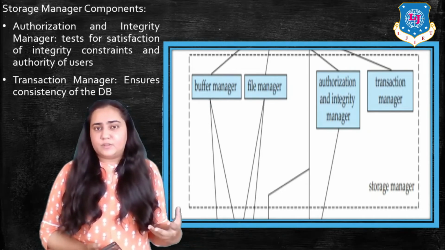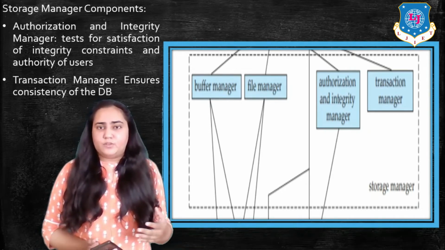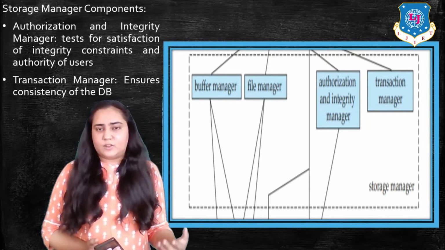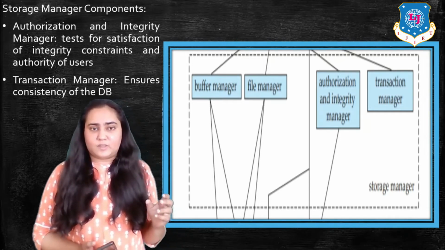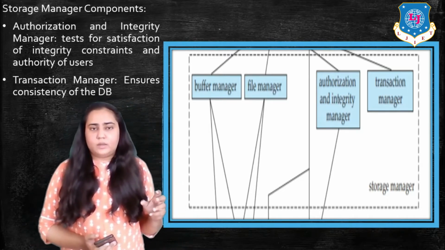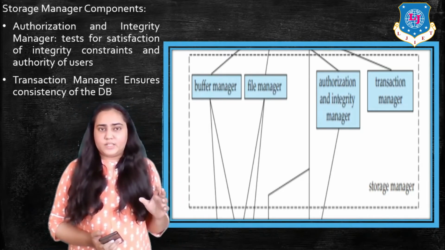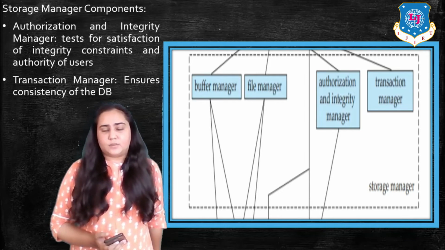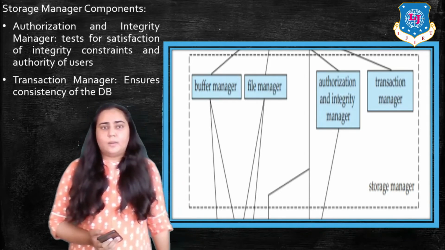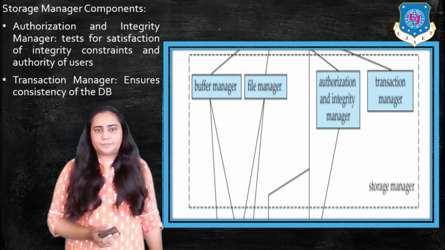It is affected because of concurrency, where there are so many people modifying the database at the same time. So there are several reasons why there can be a problem with the consistency or correctness of the database, and this is handled by the transaction manager.